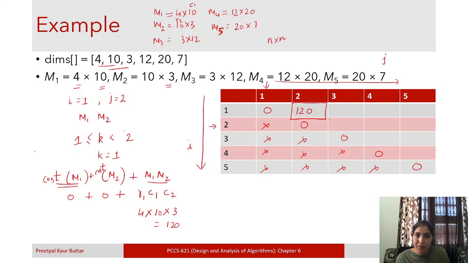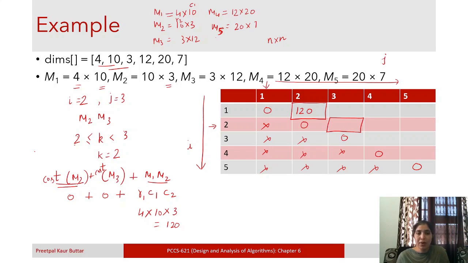Now we will move to this cell. What is this cell? This cell is 2 comma 3. It means M2 and M3. So i is 2 here and j is 3 here. k should be greater than or equal to 2 and less than 3. So the only option here is k is 2. It means we have two subproblems. The first is M2, the second is M3.